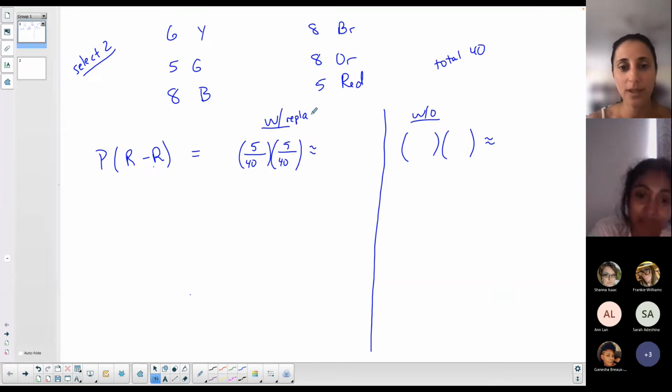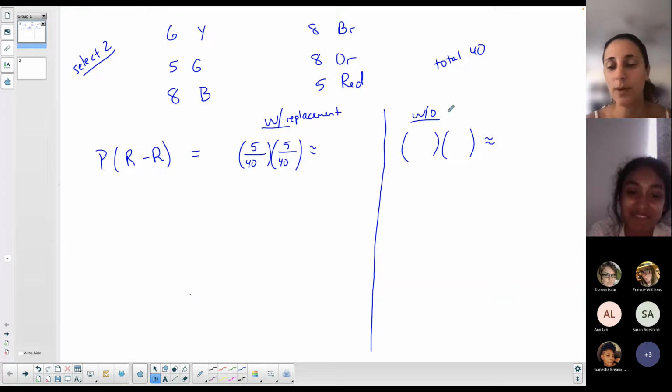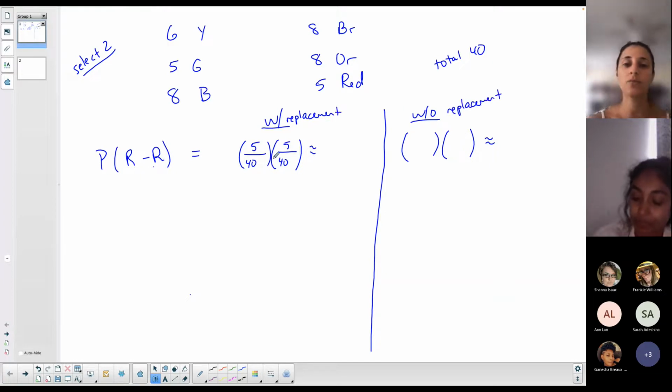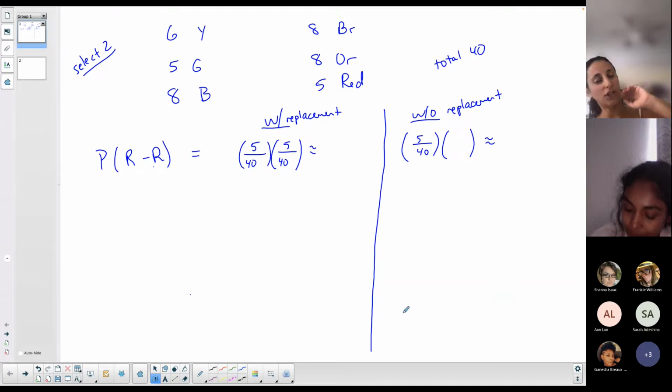Oh, yes. And this one's going to be without. So, all right, let's look at the difference between the two. Without replacement, the first selection is going to be the same. It's the second selection that's going to change because I'm not replacing the red. I'm going to eat it this time. So now, how many reds are left in my bag?